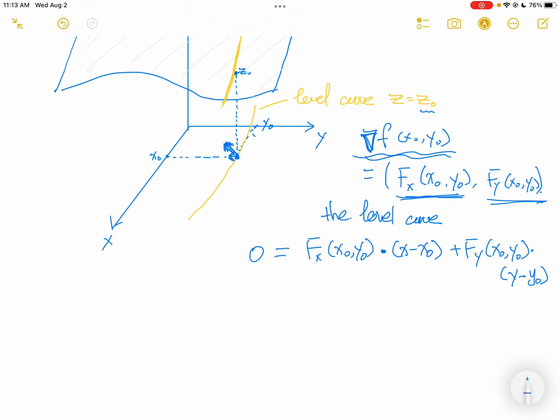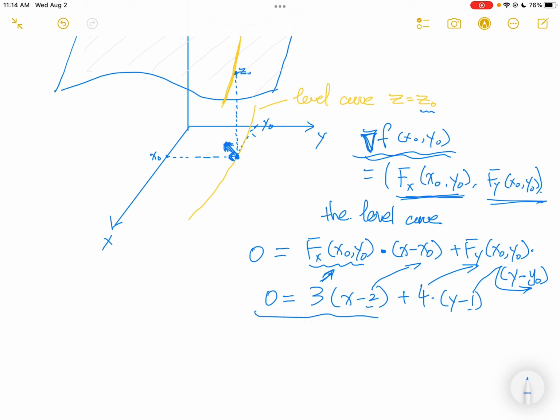And you can see that this is like saying arbitrarily, if we plug in some numbers, okay, this equals 3 times x minus 2 plus 4 times y minus 1, right? Meaning, where 3 refers to this partial derivative, 2 and 1 are the coordinates x0, y0, and 4 is the partial derivative with respect to y.